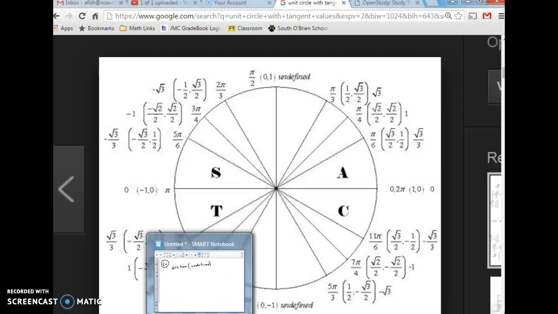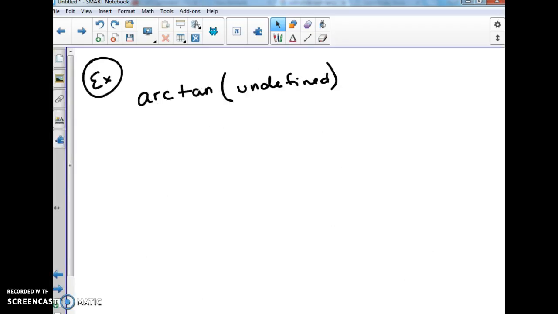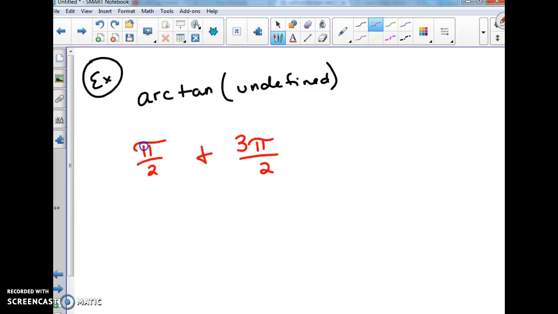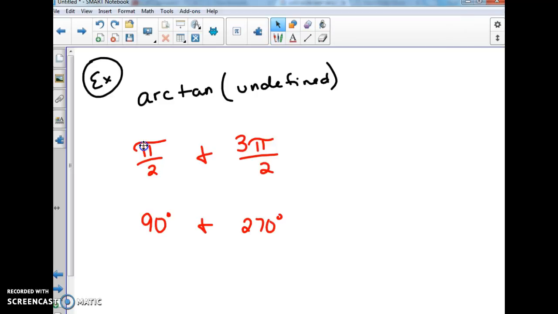If I was looking for the degree measure, your unit circle that you have actually has those true degree measure values. And you would know that pi over 2 is 90, and 3 pi over 2 is 270 degrees.